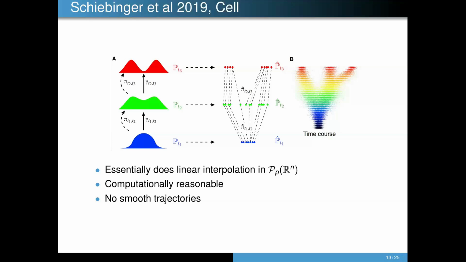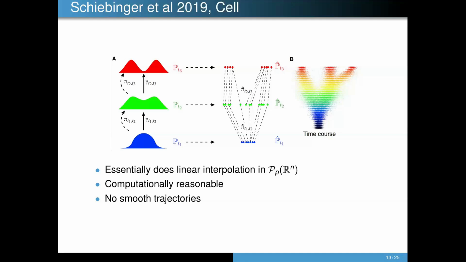So it's easy in some sense, and it's the fastest method, because we're going to do it a little bit more complicated. The reason we're doing it more complicated is because one thing that this method cannot do is infer smooth trajectories, right? If you think about it, it's linear, so it's not going to produce a smooth curve. There will be corners in some sense, as you can see in the picture.